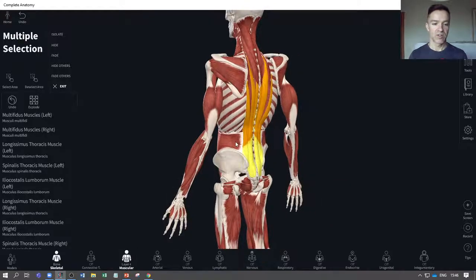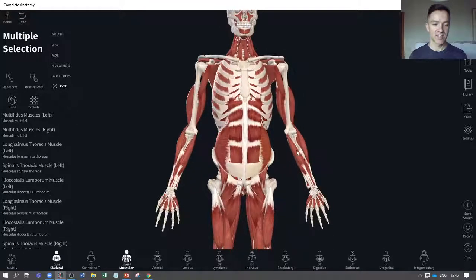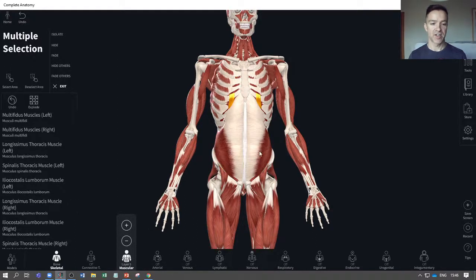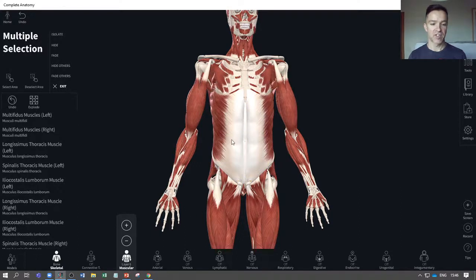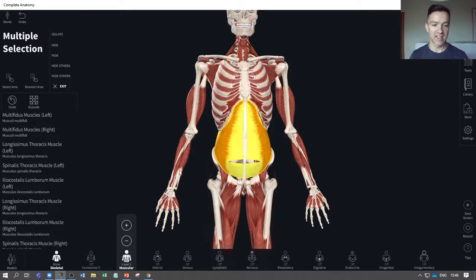Moving around, we have got your transverse abdominis on both sides. We've got your rectus abdominis on both sides. Adding in another layer, we've got your internal obliques on both sides, and we've got your external obliques on both sides. And one very important muscle that I forgot to add in there, of course, is your diaphragm.